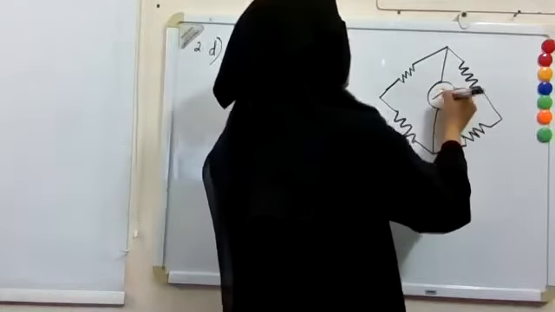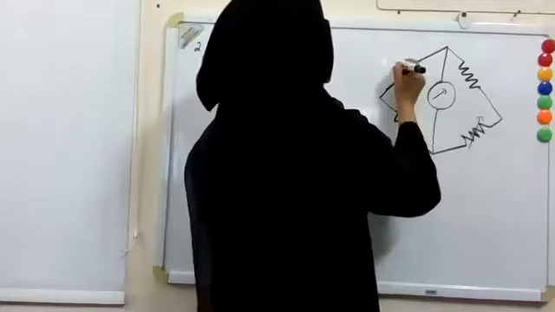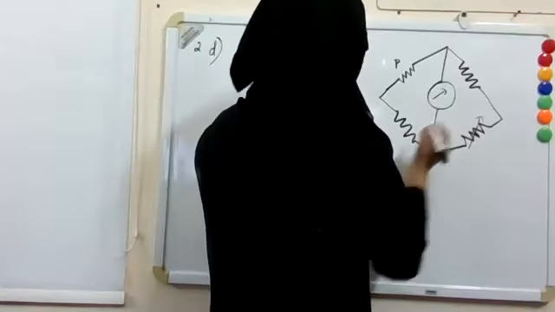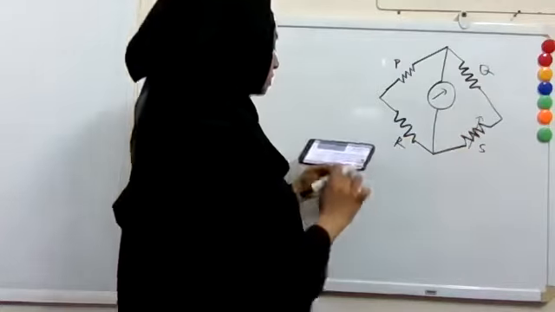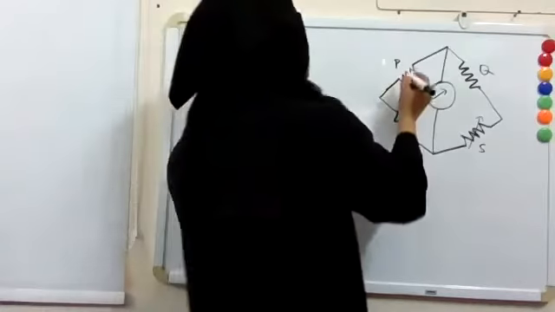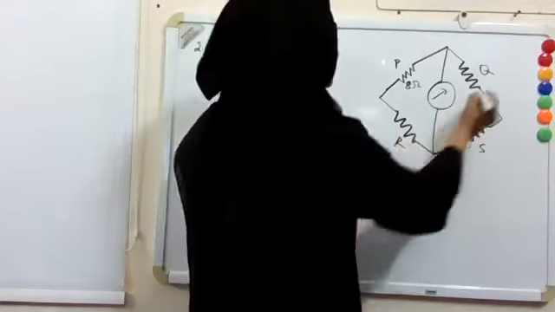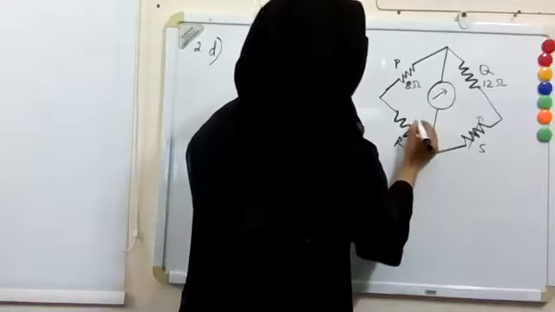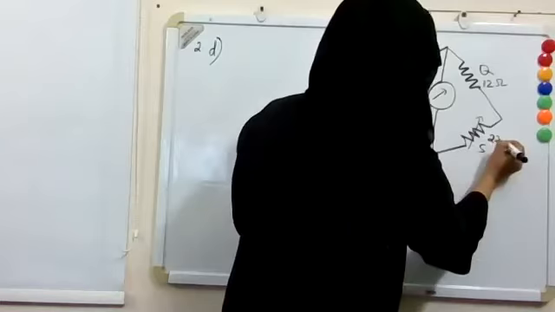So you have a galvanometer here and they have shown the resistances P, Q, R, S, and they have also given in the question that P is equal to 8 ohm, Q is equal to 12 ohm, then R is equal to 18 ohm, and S is 22 ohm.